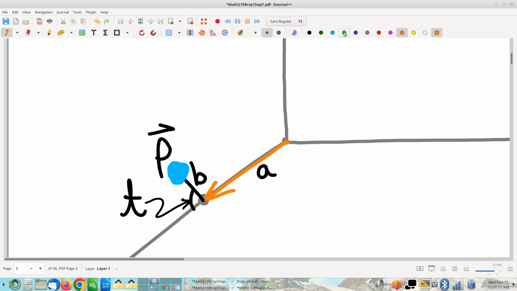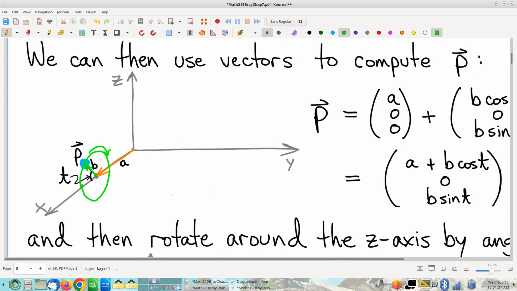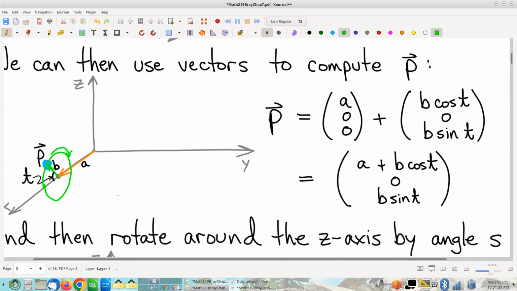Plus this vector right here, and as this angle T increases, you can imagine that's going to just go around a circle. So that green vector is just going to be sines and cosines. Does that make sense to everybody? Now again, details. Make sure to think through those details. Good exercise to make sure you think through those details.